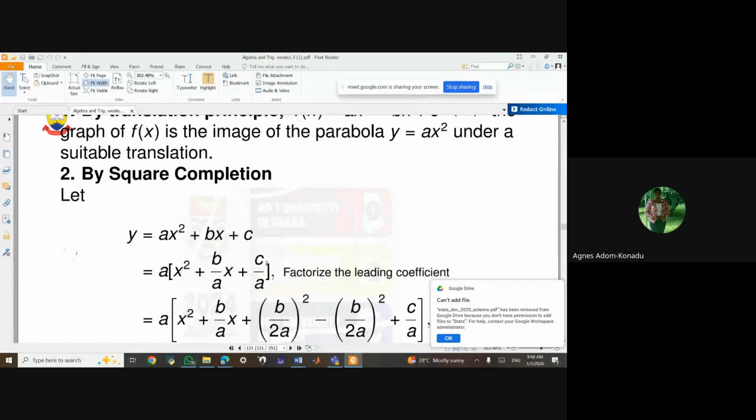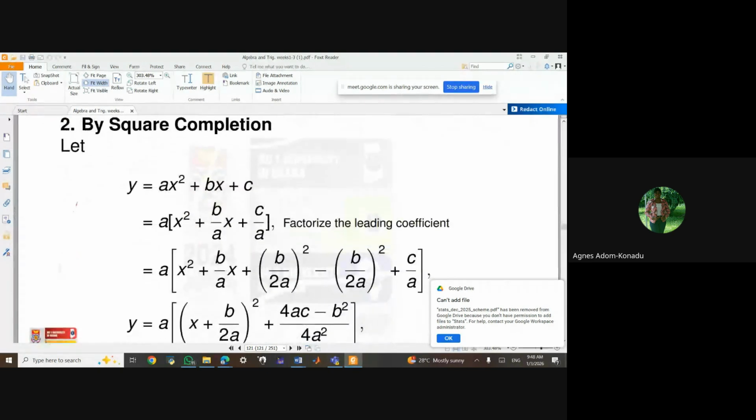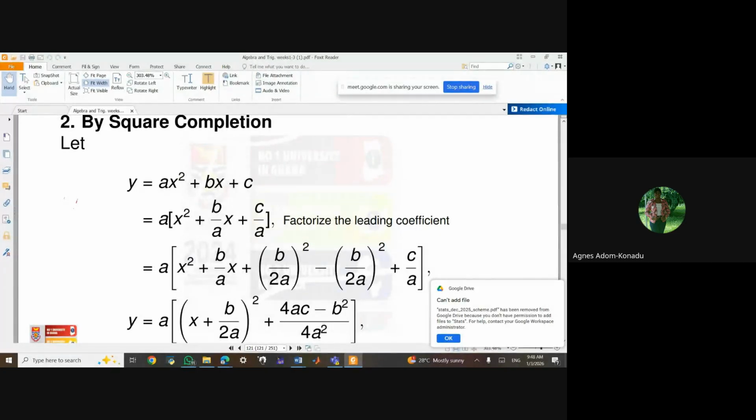Because the bracket covers the c, that's why I'm dividing through the c by the a. After this, I have to find half of my b over a, and half of b over a is b over 2a. So we add the square of it, then we subtract the square, then plus my c over a.